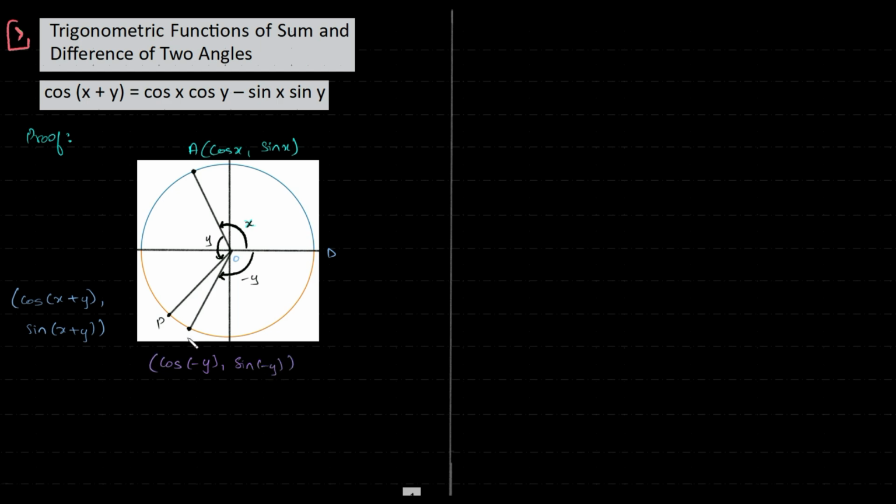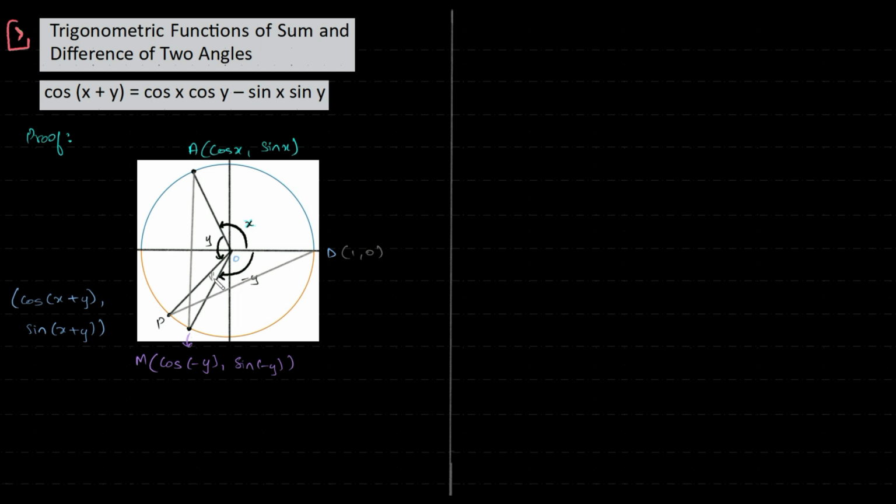Okay, so that would be your point M. So there should be no confusion, right? Very clear cut diagram. Now the next aspect is to join point D and P and M and A. So point D over here is 1, 0. Okay, so now the diagram is completed.